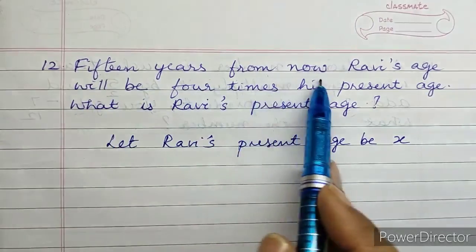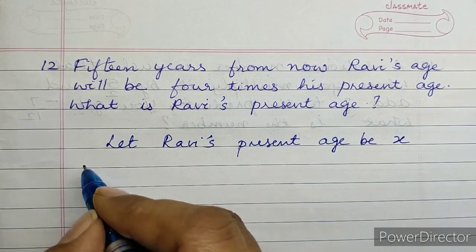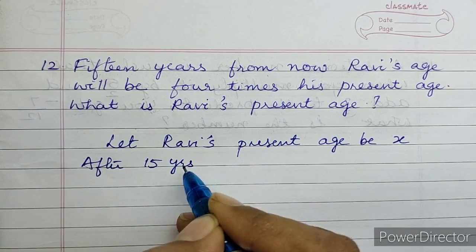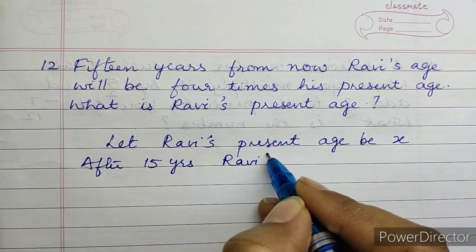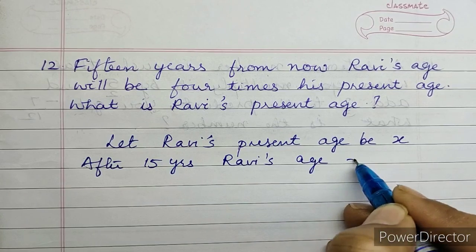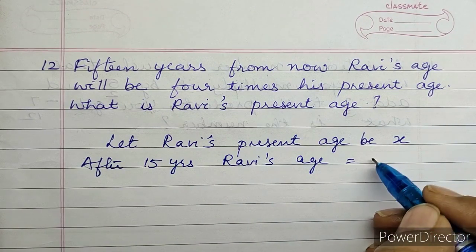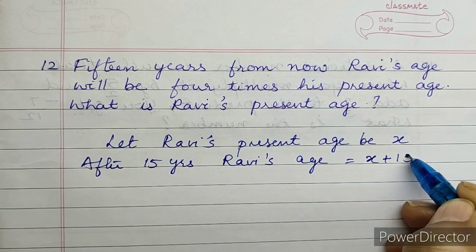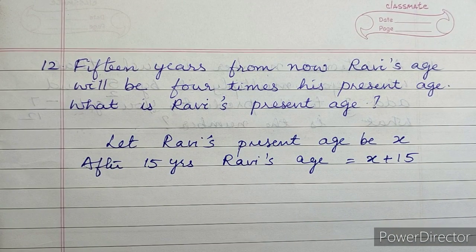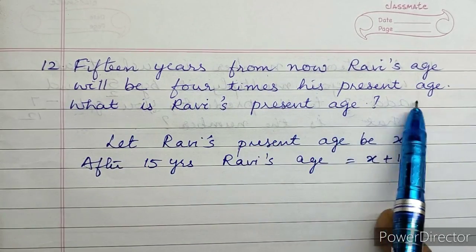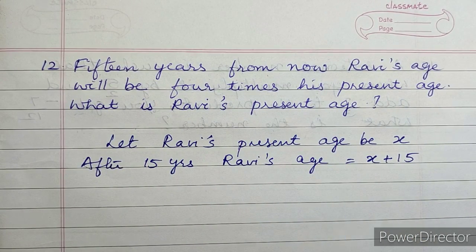Now 15 years from now, so that is after 15 years, Ravi's age. After 15 years, everybody's age will increase by 15. So x plus 15. So after 15 years from now, Ravi's age will be 4 times his present age. So that condition also is given.